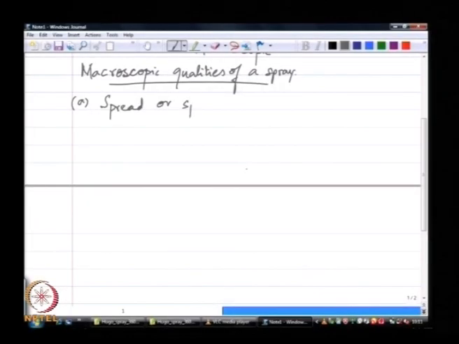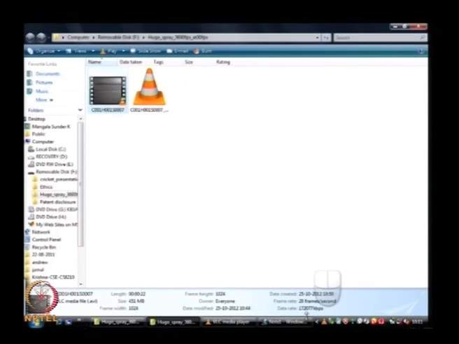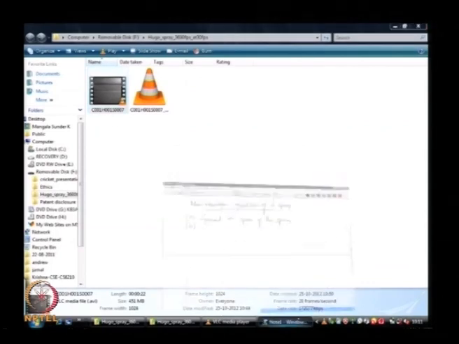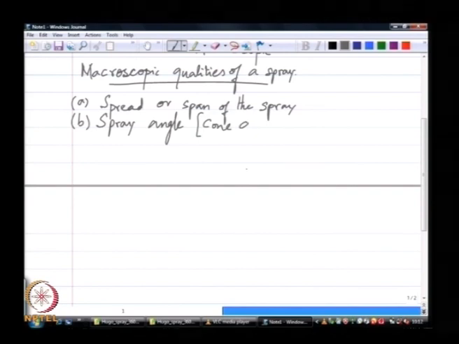Macroscopically, the spread, how much area it spans. So, we will just say spread or span of the spray. Spray angle, very nice. I will also distinguish between this and cone angle.